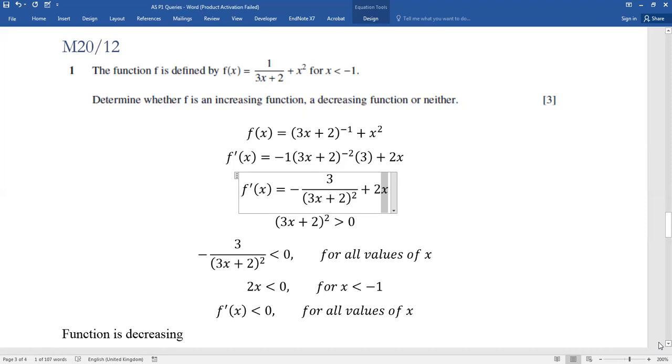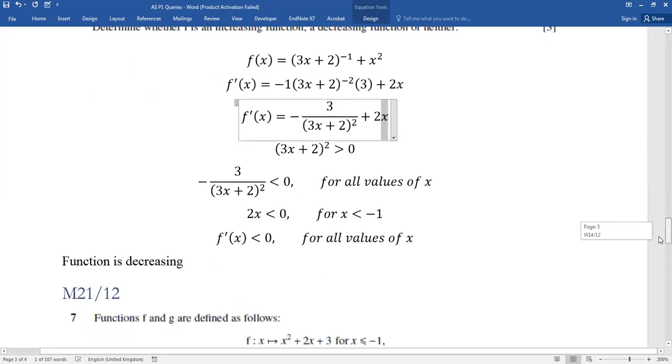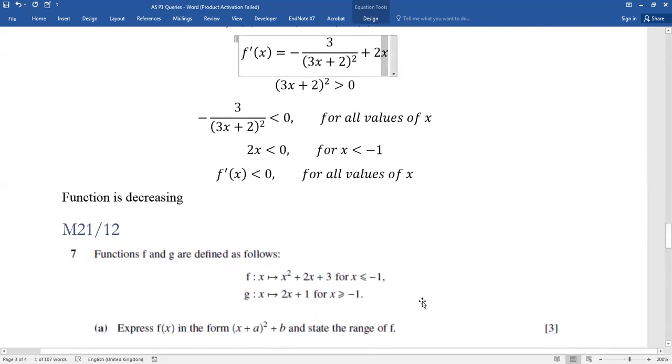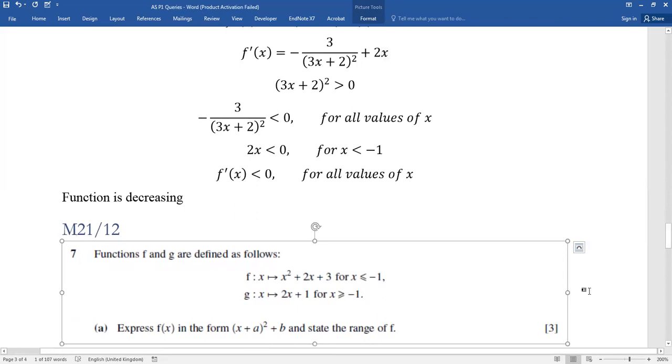Hence, two negatives adding up will always give me a negative. Done? Now attempt this one.